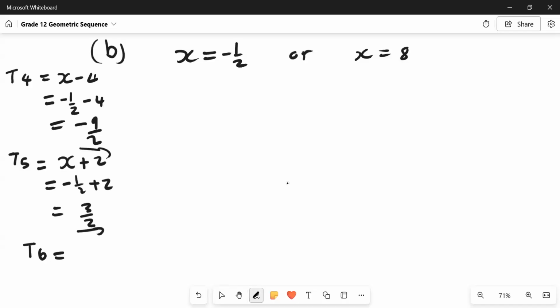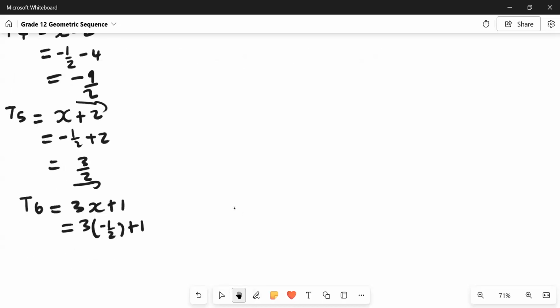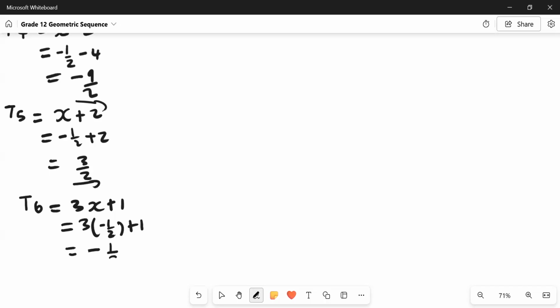I think it's 3x plus 1. Yes, 3x plus 1. Again, substitute the negative half, and what do you get there? You get minus half. So T6 is minus half.